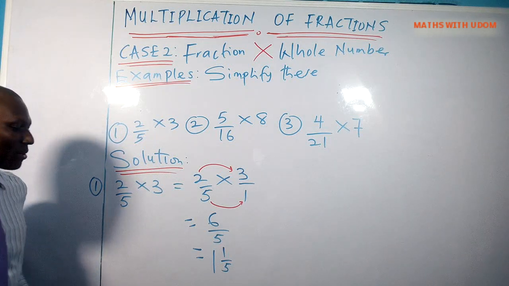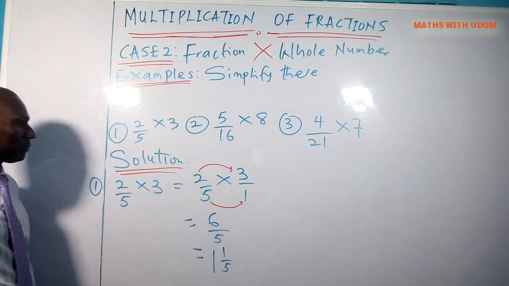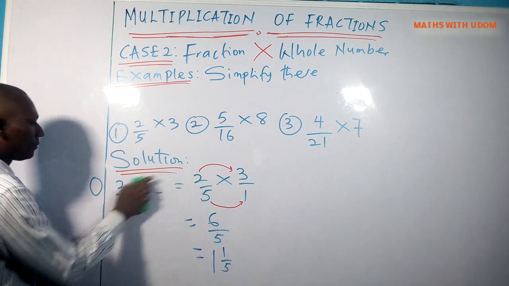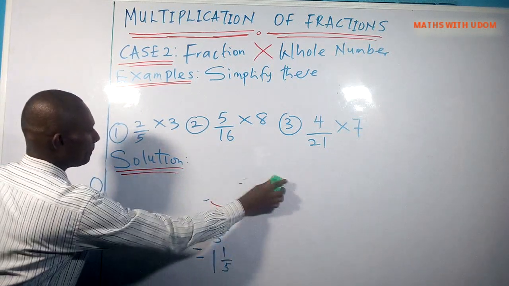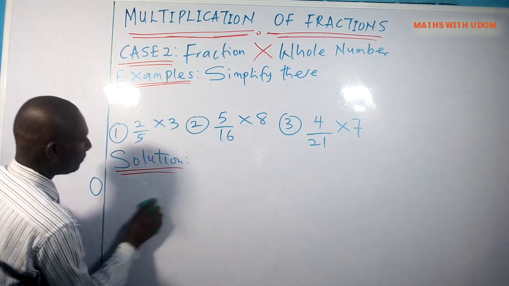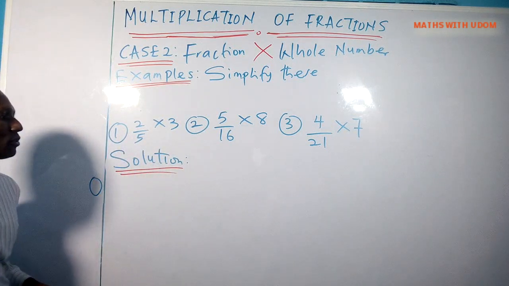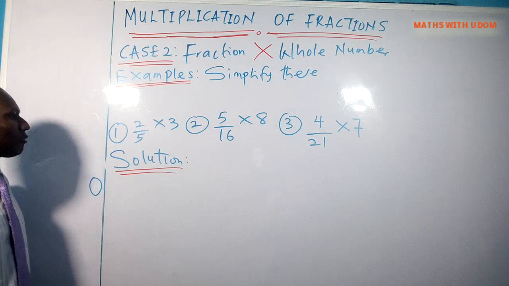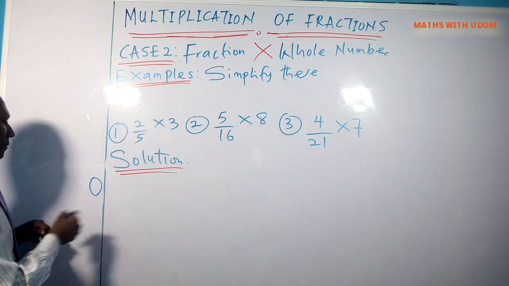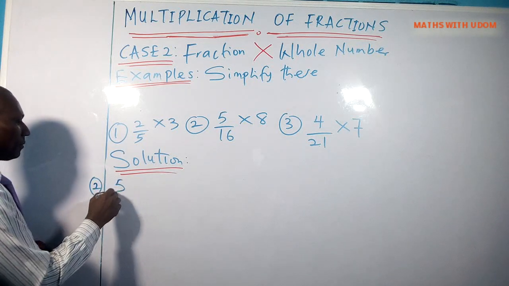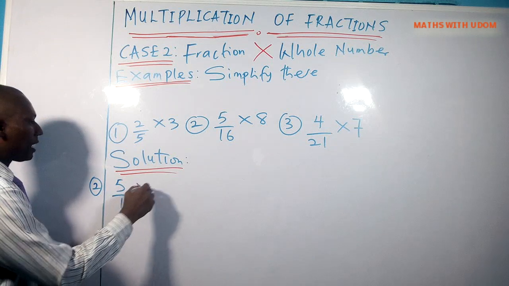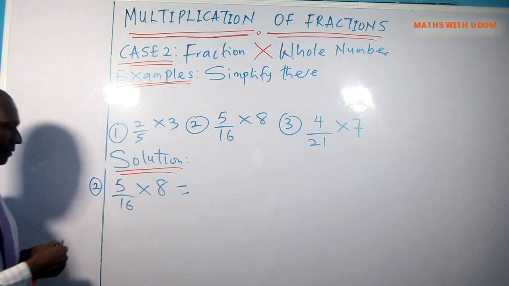Let's move to the second example. For example 2, we have 5 over 16 multiplied by 8.